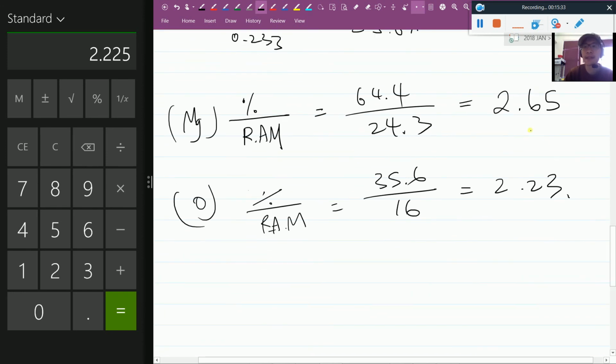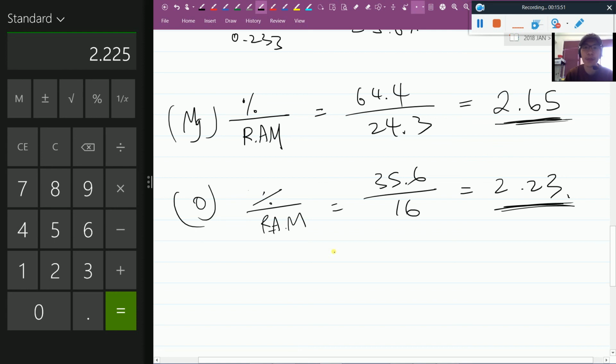So you're roughly saying that for every 2.6 of magnesium, you have 2.2 oxygens. Roughly, our result is not exactly what we expected.